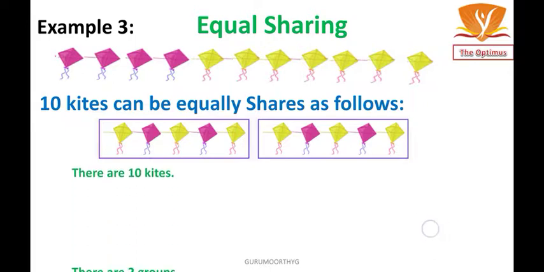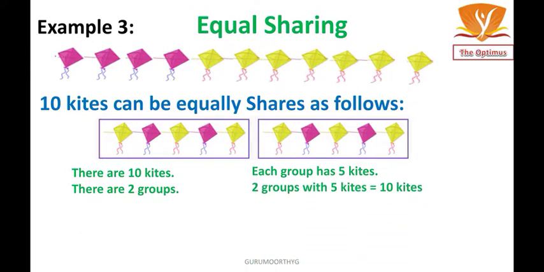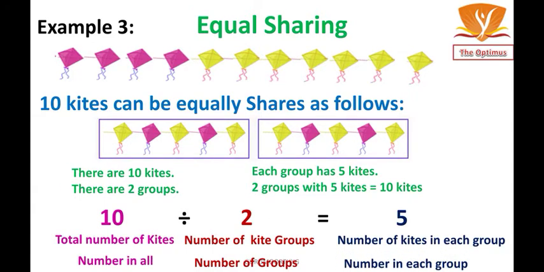Each group has 5 kites. 2 groups with 5 kites equal 10 kites. This is the division equation. 10 divided by 2 equal to 5. Here 10 is the total number of kites, 2 is the number of groups, 5 is the number in each group.